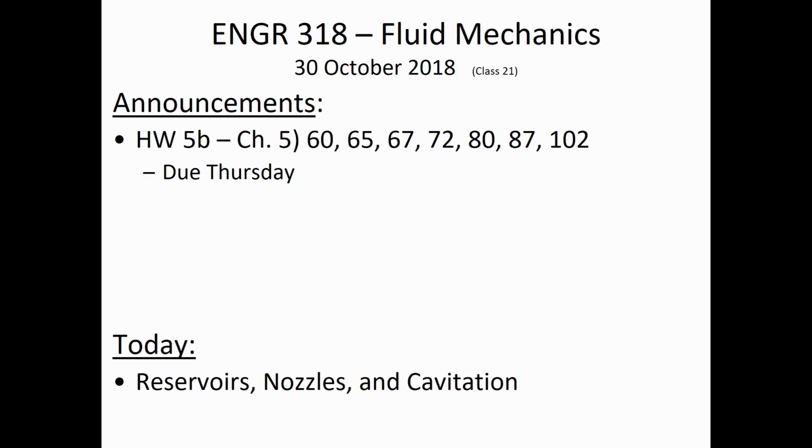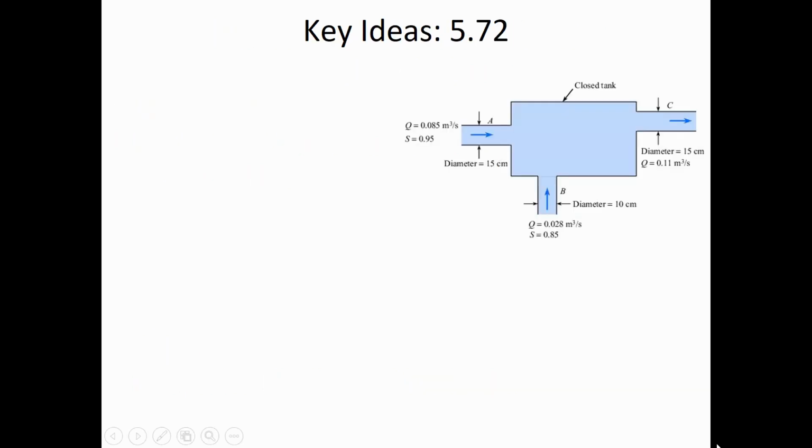In Chapter 5, part of the complexity is just interpreting the problem statement, but then, of course, it also is where we're starting to combine ideas together, you know, where we're taking Q equals VA, which is a really simple idea, the continuity equation, and then combining it with Bernoulli's equation, and combining it with how that may affect issues like cavitation, which is what we're going to discuss today. So let's jump into a couple of those key ideas just to kind of see what's going on.